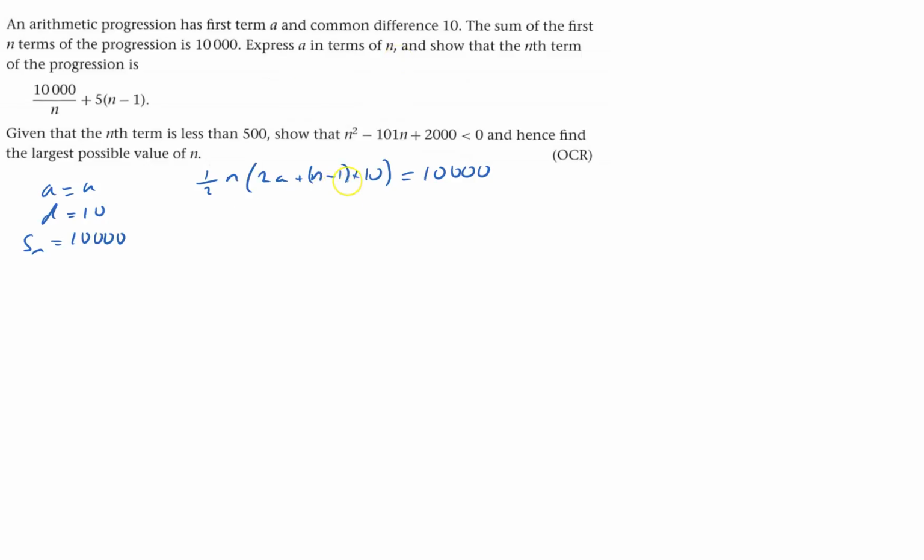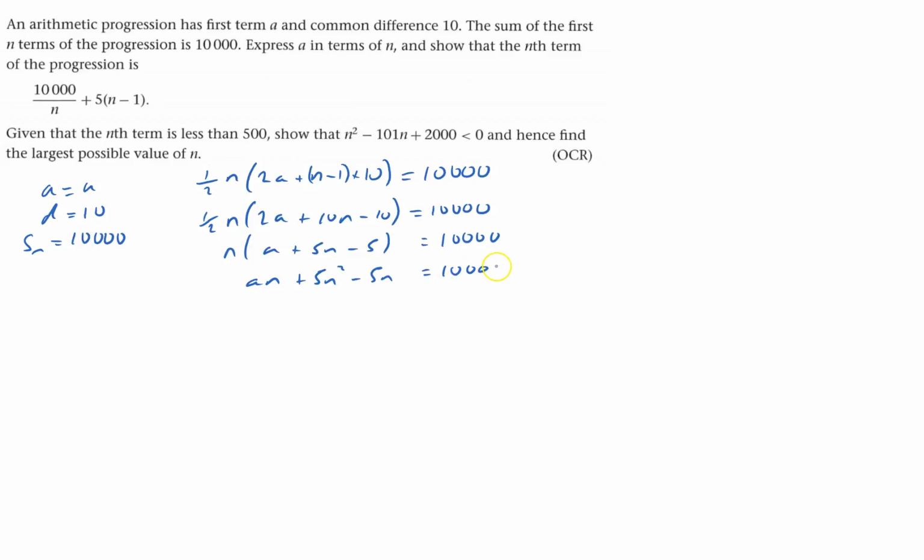I'm going to multiply out some of this first. So half n, 2a plus 10n minus 10 equals 10,000. A half goes, as all these are even numbers, so I can put na plus 5n minus 5 equals 10,000. Multiply this out to get a outside: na plus 5n squared minus 5n equals 10,000.